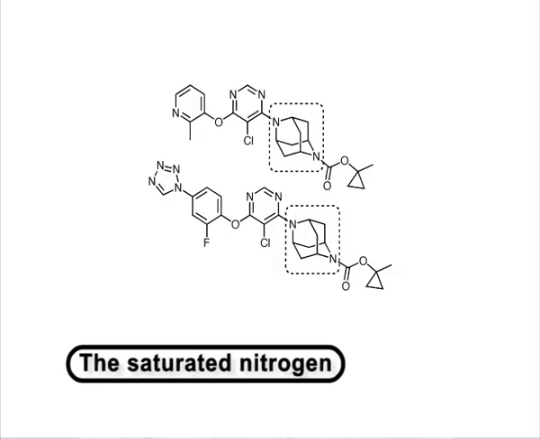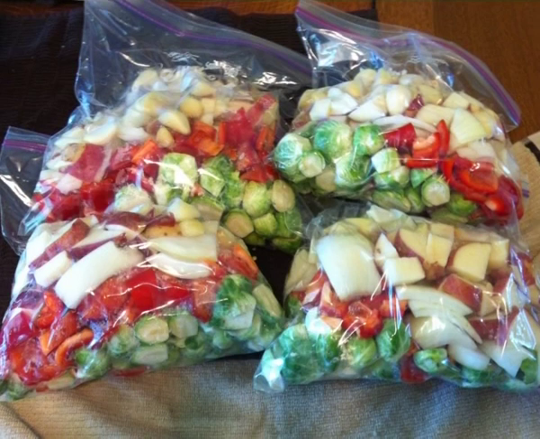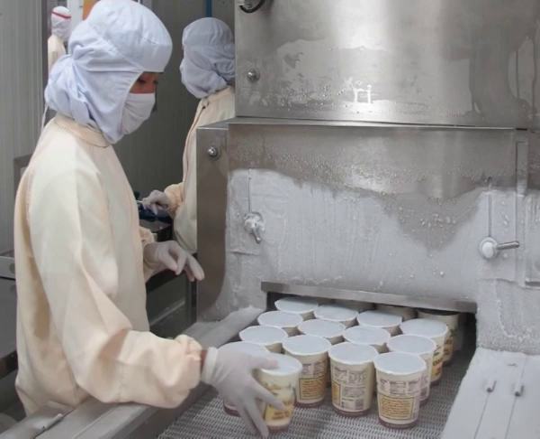The saturated nitrogen and carbon dioxide vapors can further be used to pre-cool the incoming food products before the vapors are purged into the atmosphere. The low boiling points and safety of these cryogenic substances make them very suitable for cryogenic freezing of food products.